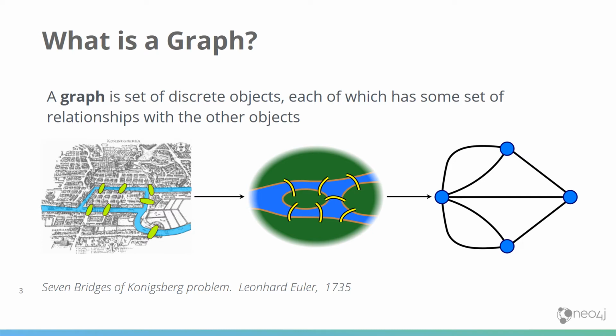For the problem to be solvable, every landmass, except for the start and end, must be touched by an even number of bridges. Based on the above observations, the problem has no solution because all 4 of the landmasses are touched by an odd number of bridges.